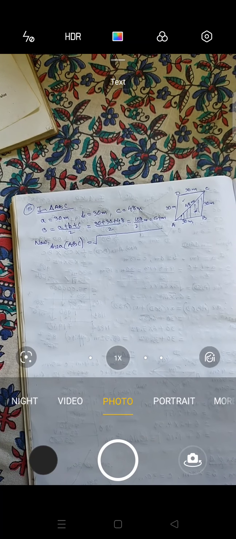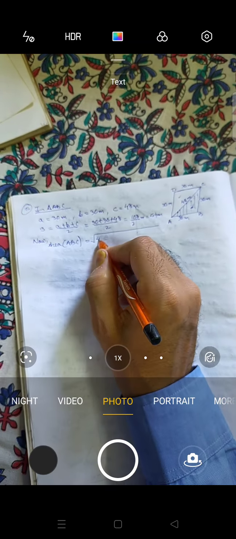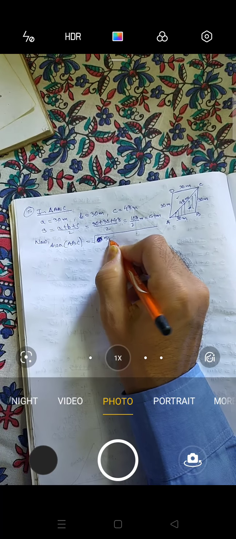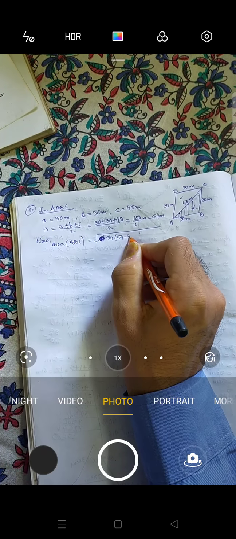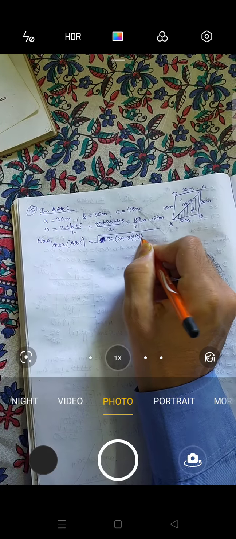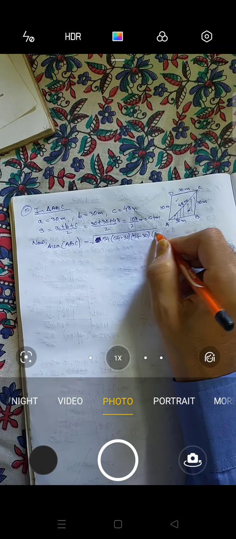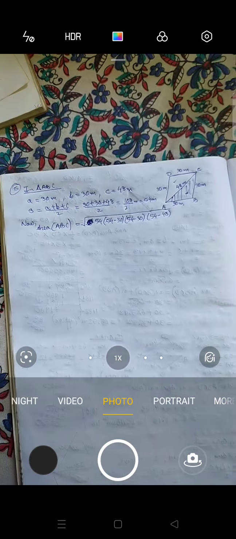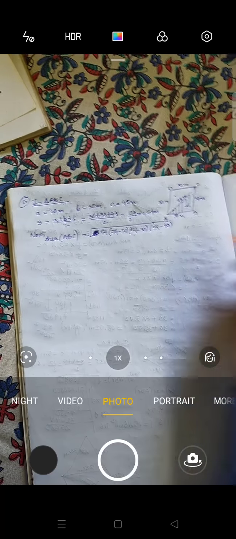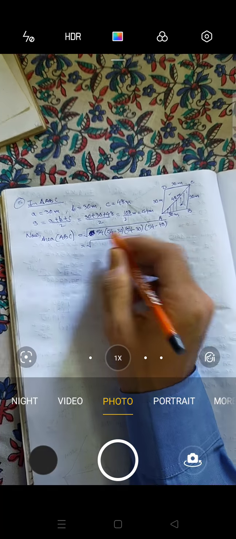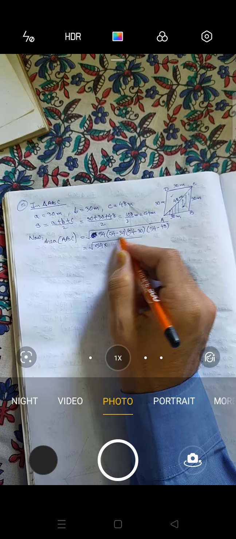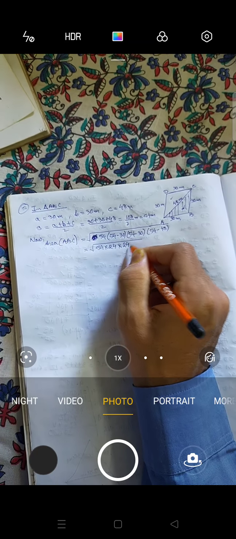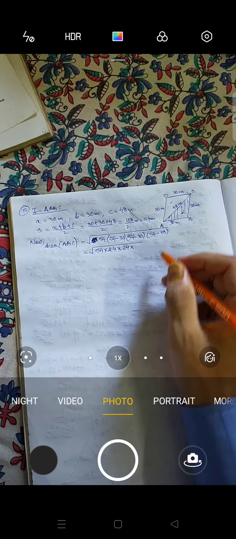Now S is 54. So we can write 54 minus 30, 54 minus 30 and again 54 minus the third side, which is 48. Any doubt? Okay, now we will subtract. 54 into this will become 24, into this will also become 24, into and this one will become 6.